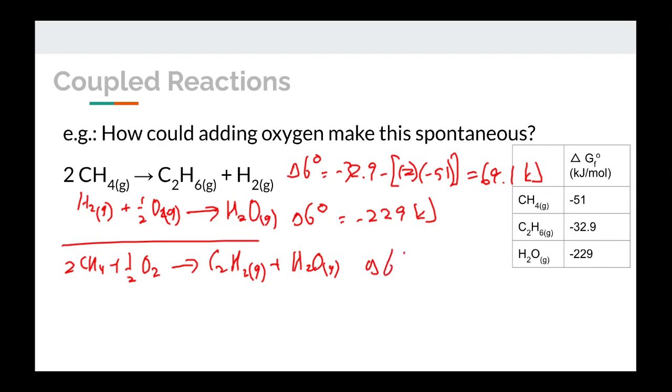What's delta G for this reaction? Well, I'm not going to calculate it, but it's clearly going to be negative because negative 229 is a way higher magnitude than the positive number that we're adding together. So that makes this reaction spontaneous, whereas it wasn't before.